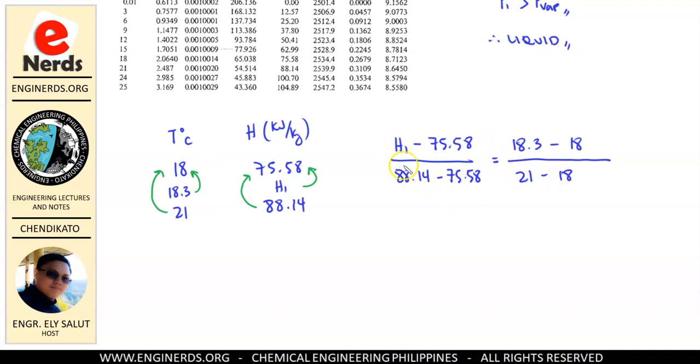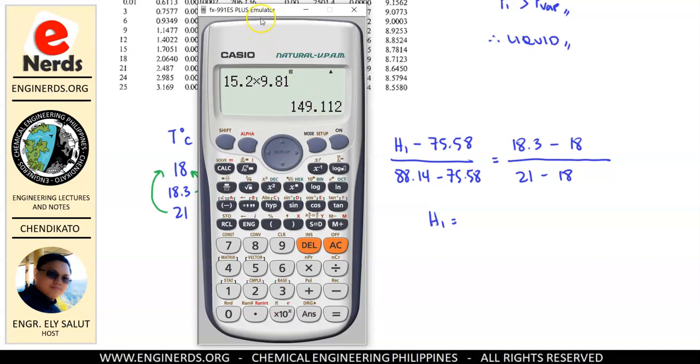Now we need to solve for the value of H1. Okay, so hindi na natin siya patatagalin pa, no? We're going to solve that directly dito sa ating calculator, no? So we have first 18.3 minus 18, which is equal to 0.3 divided by 21 minus 18.